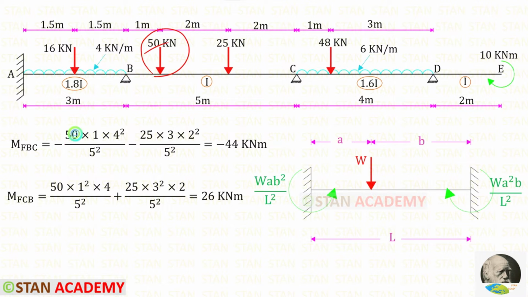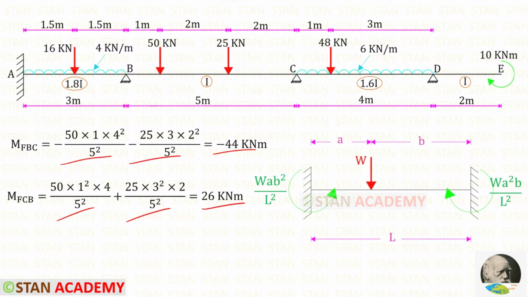Here W is 50, A is 1 and B is 4, and L is 5. Now let us take this load. Here W is 25, A is 3 and B is 2 and L is 5. After adding these two, we will get minus 44 kilonewton meter, and after adding these two, we will get 26 kilonewton meter.